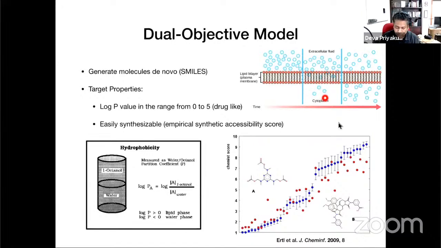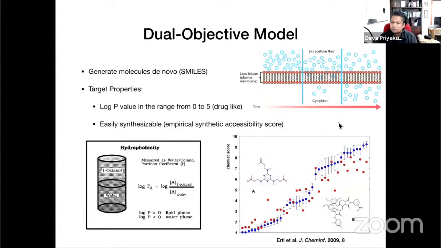So it has to have a certain value for it to be able to cross the lipid bilayer, right? Because you have a very hydrophobic environment, and this is all hydrophilic, so it has to have a balance of hydrophilic and hydrophobic properties for it to cross the membrane. Second is when we propose new molecules, right? Like for example, let's say I propose this.